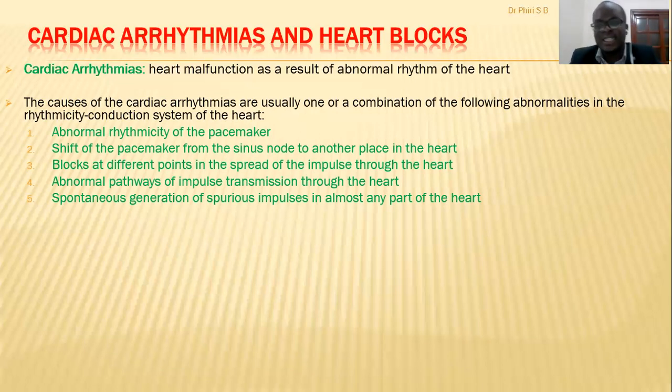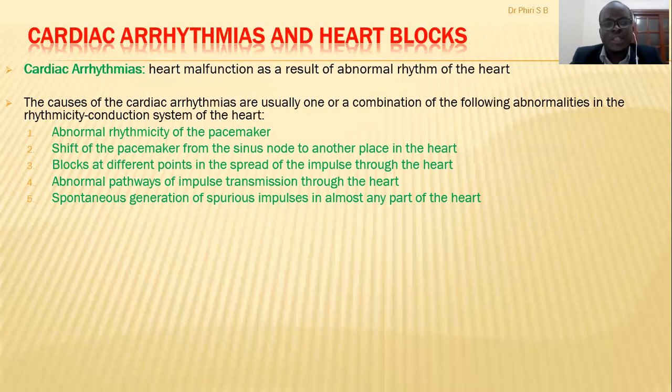Factor number one is abnormal rhythmicity of the pacemaker cells. If the pacemaker cells are slowing down in production of action potentials, the heart rate will reduce. If they are increasing the production of action potentials, the heart rate will also increase. So abnormal rhythmicity of the pacemaker cells can result in cardiac arrhythmias.